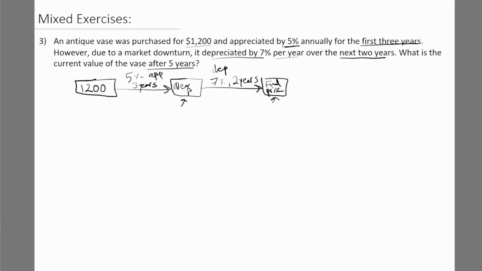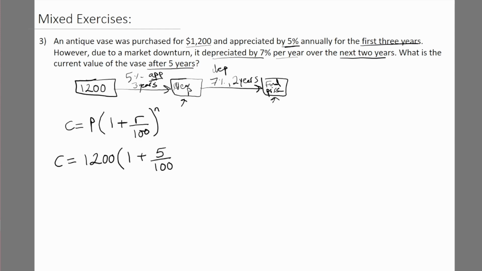So we're going to go ahead and firstly say that the appreciation rule, we're going to write it down. So the current is equal to the principal multiplied by 1, and we're going to use a plus, because this is appreciation right now, r over 100 to the power of n. And so the current price is equal to 1,200 multiplied by 1 plus 5 over 100 to the power of 3.